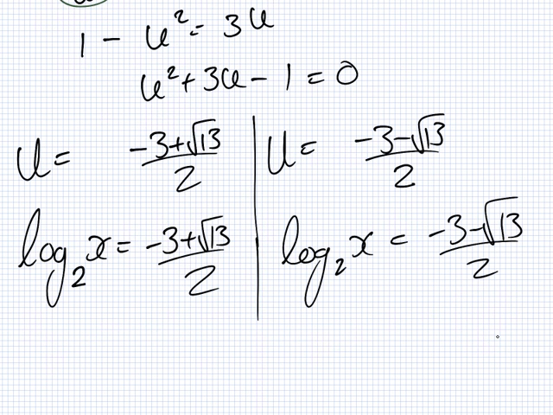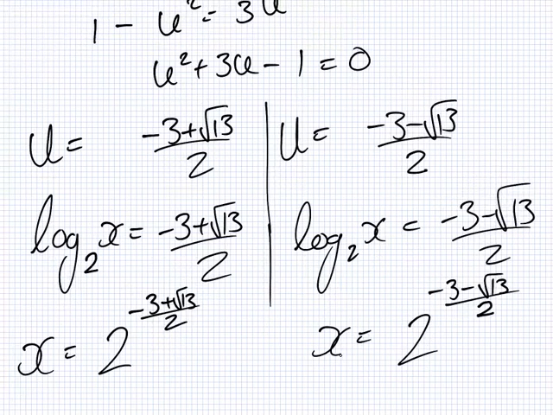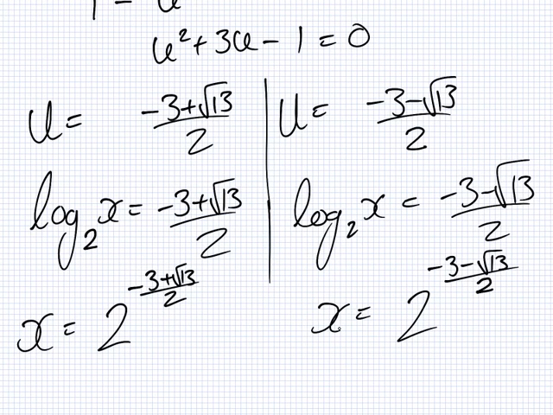So remember what log means. It says 2 to this power equals x. So we have x equals 2 to this power, and here we have x equals 2 to this power as well. Which we can put in as a decimal, we don't have to though.